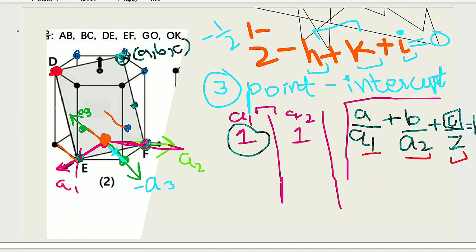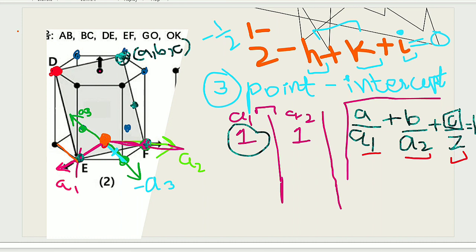For example, starting from origin, moving 1 unit along positive A3 direction, then moving upward 1 unit along Z direction, and then moving in this direction, which is actually the positive A1 direction, and reaching point D. So in this way you can get some coordinates. No, you can't do that. You cannot move along A3 direction at all. So only motion along A1, A2 or Z should be taken, no matter what the magnitude is.